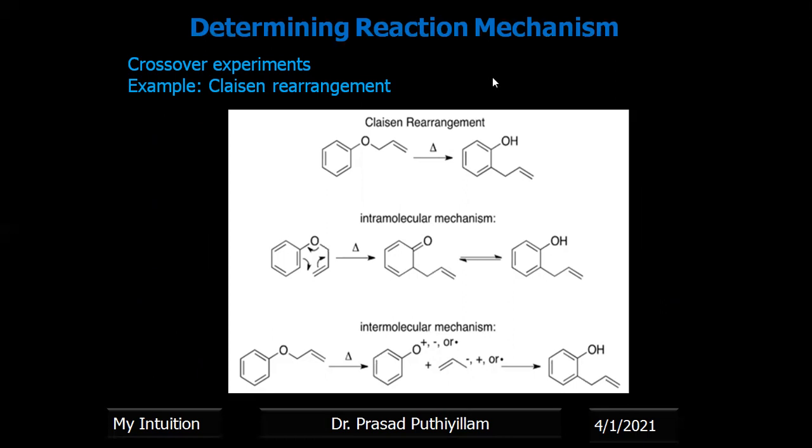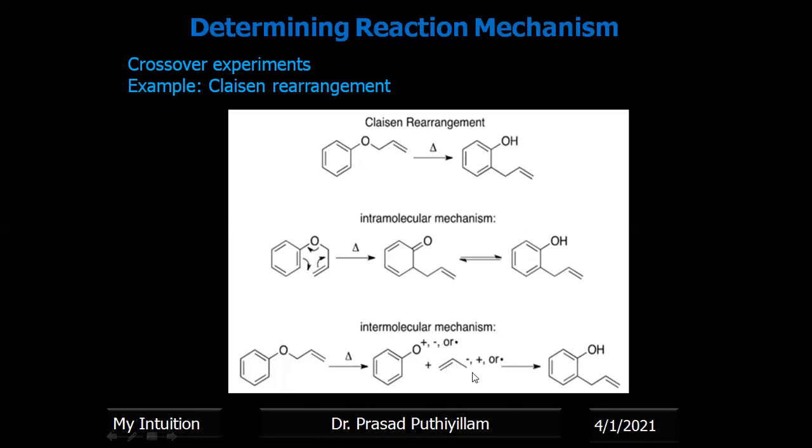Intramolecular means within the molecule. So within the molecule, the electron rearrangement or bond rearrangement takes place in such a way that it gives the final product. If you assess the formation of the same product as intermolecular, that means bond breakage takes place. The oxygen will get either a positive charge or a negative charge, or even free radical possibilities are there.